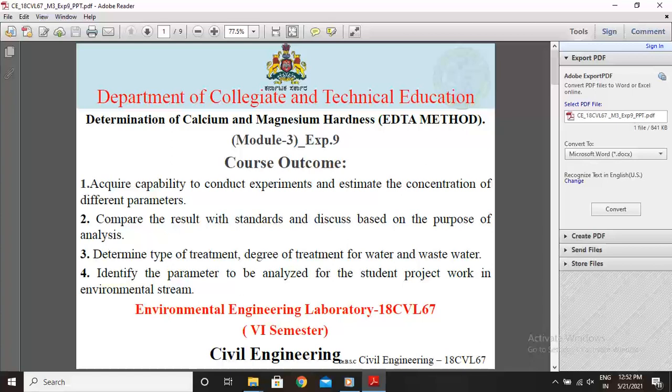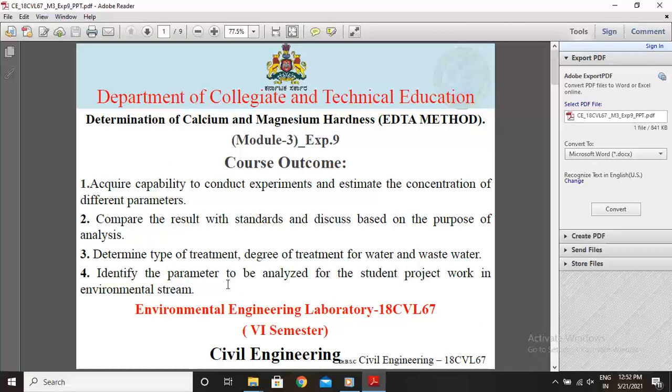So those 4 course outcomes are mentioned here. One is to acquire the capability to conduct experiments and estimate the concentration of different parameters. The second course outcome is to compare the result with standards and discuss based on the purpose of analysis.